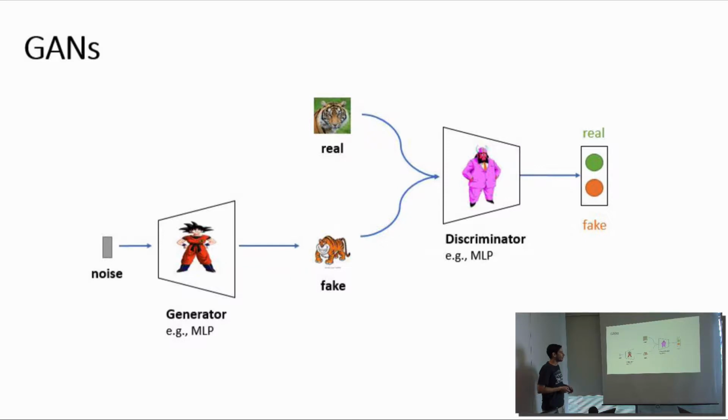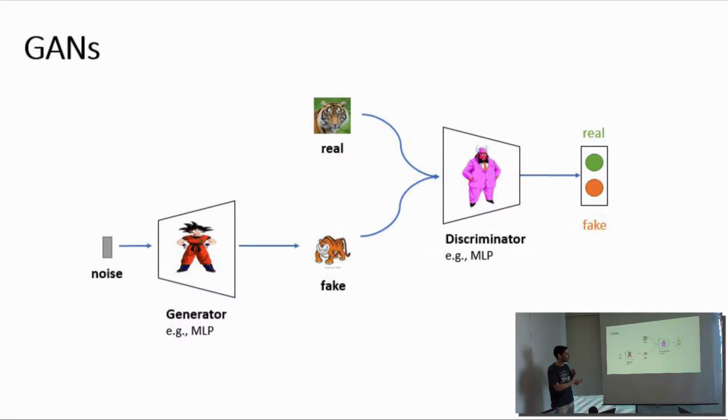Now, the way a GAN trains this generator is that it uses some real examples. Let's say you would like to generate images that look like real images. First, they build a database of real images, and then they train a generator that takes some noise as input and outputs an image.